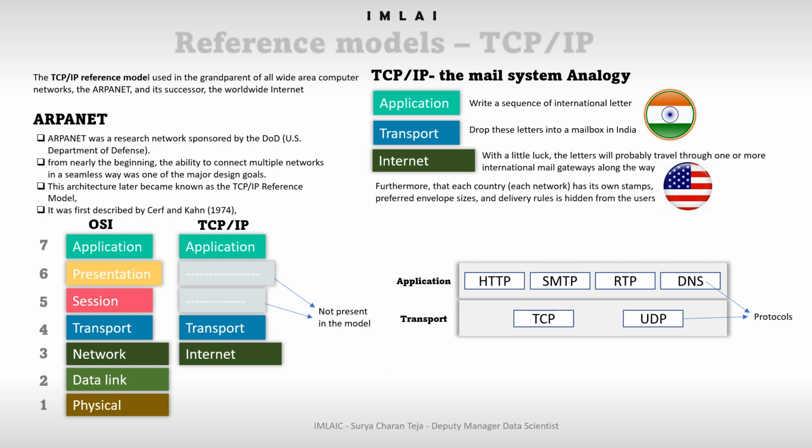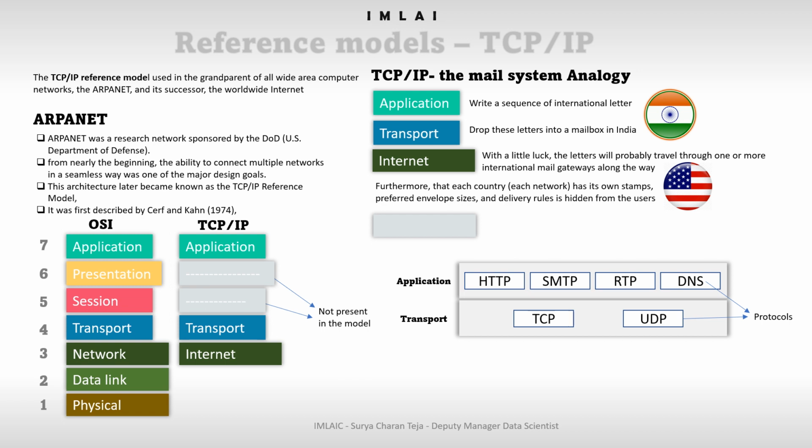Furthermore, each country, that's each network, has its own stamps, preferred envelope sizes, and delivery rules, which are hidden from the users. Here the internet layer defines an official packet format and protocol called IP, that is Internet Protocol, plus a companion protocol called ICMP, Internet Control Message Protocol, that helps it function.